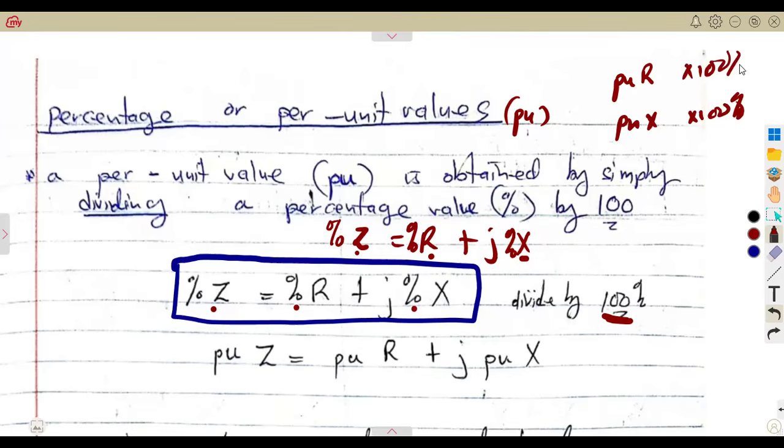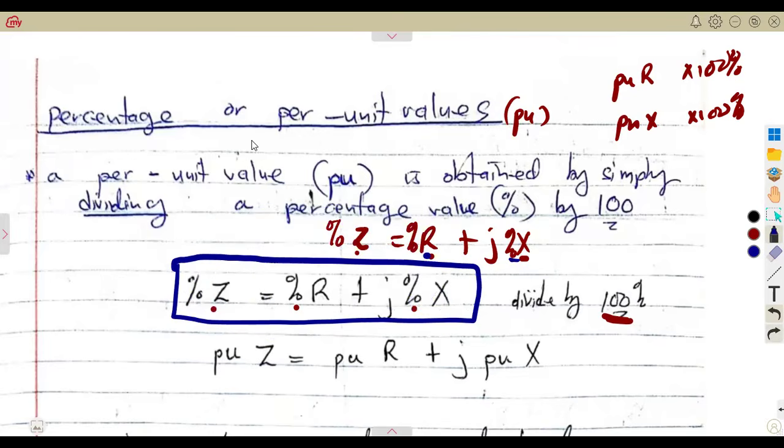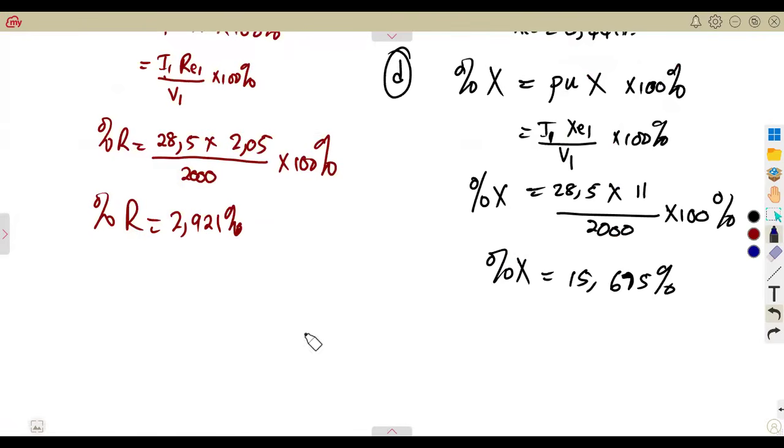We multiplied by 100%. We have percentage resistance. We have percentage reactance. So we are just going to substitute this as it is because they are already under percentages. We calculated this percentage. They're already under percentages, right? This is now E.